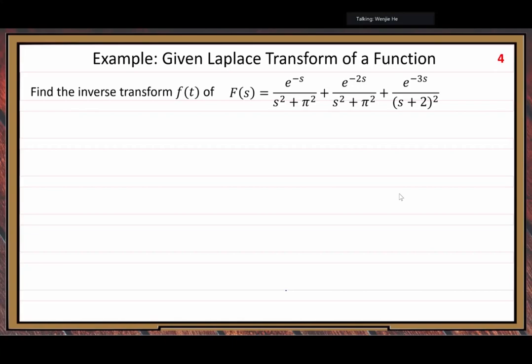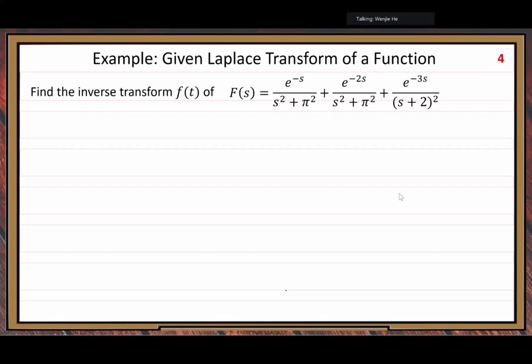Then we can do the calculation. Three fractions, the structure, three fractions. So let's look at it one by one, because by the linearity principle, we can calculate the inverse Laplace transform of each fraction one by one. That's the first thing.